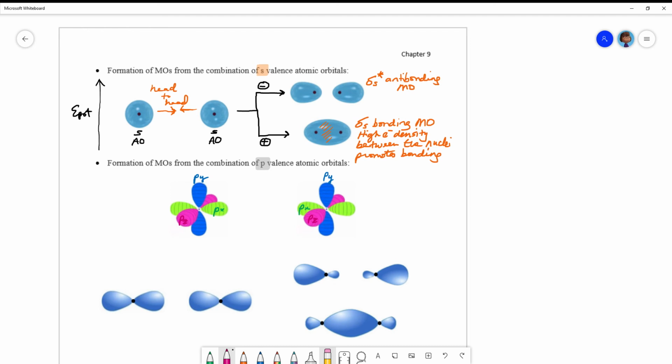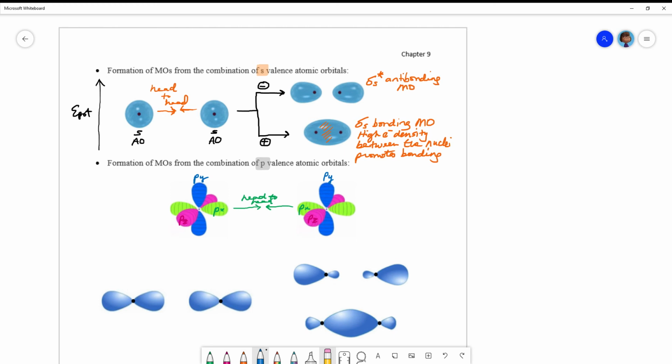If we do so, how are they going to interact? Clearly, if the px gets closer and closer to the px orbital on the other atom, these orbitals would be interacting with one another in a head-to-head configuration. So over here, we've got head to head. But that is not the case for the py orbitals, those blue py orbitals.